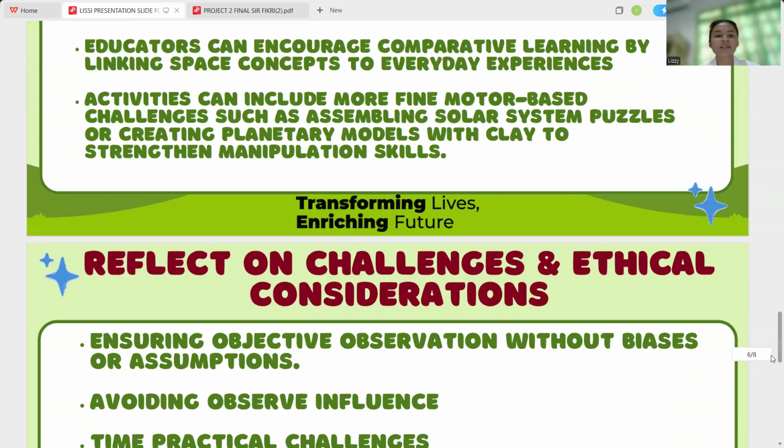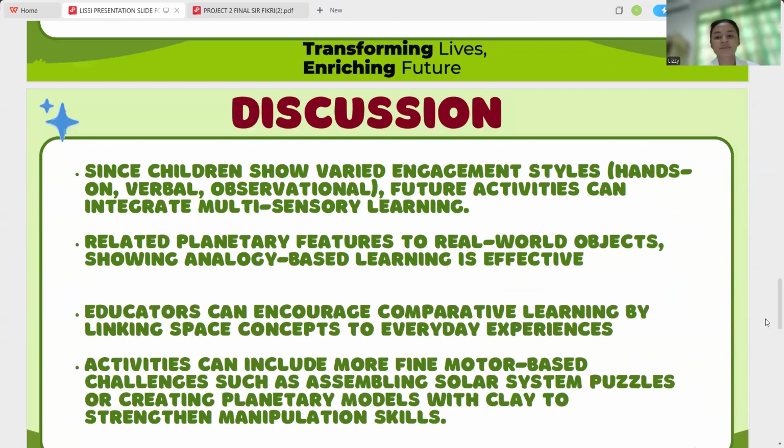During this, I noticed that students show varied engagement styles, whether hands-on, verbal communication, or observational. So in the future, activities can integrate multi-sensory learning.